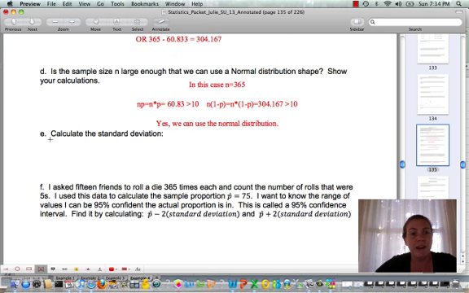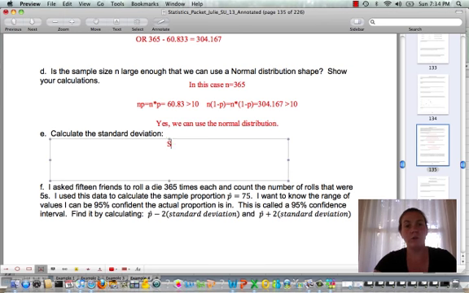Now for question E, let's go ahead and calculate out the standard deviation. So you can use the square root on your calculator. I'm going to type SQRT for what goes inside the square root. And I'm going to use these brackets to show you what's going to go inside the square root. So on the top of the square root, we're going to have 1 over 6, which is the probability of 5, times 5 out of 6, which is the probability of not 5, or 1 minus p.